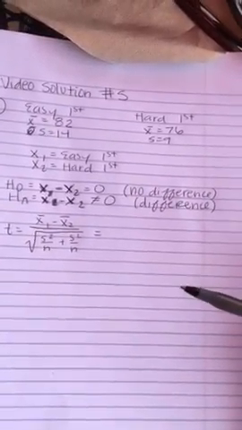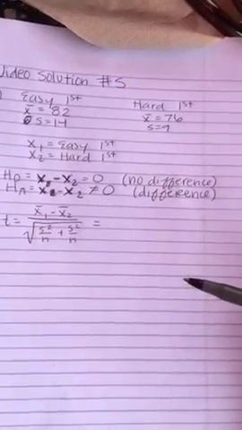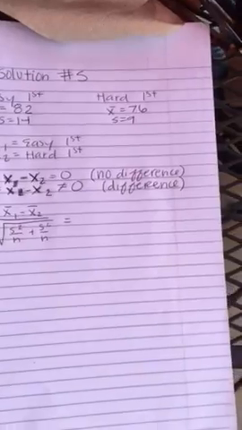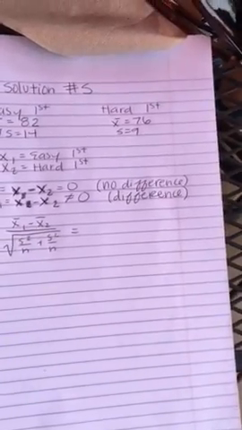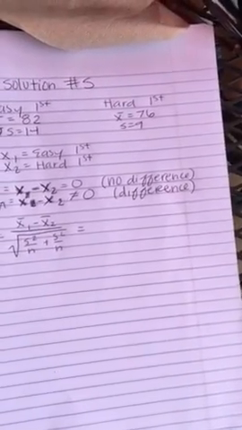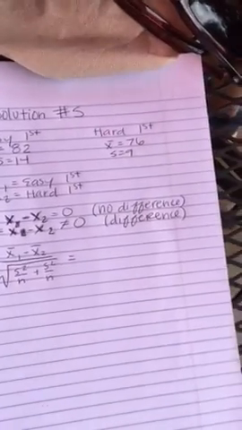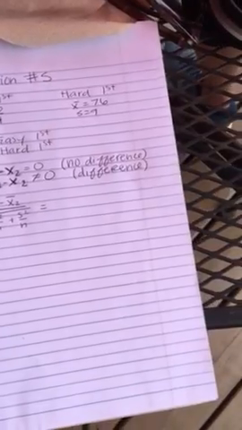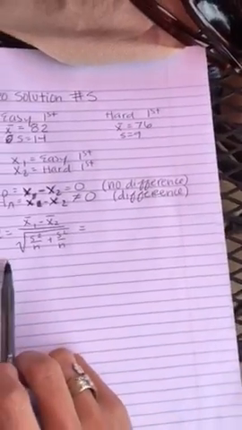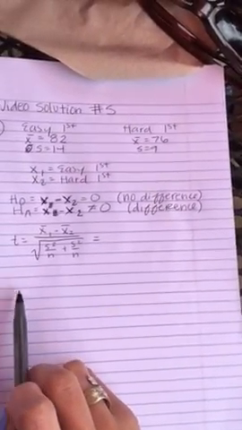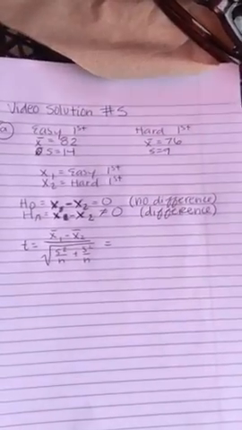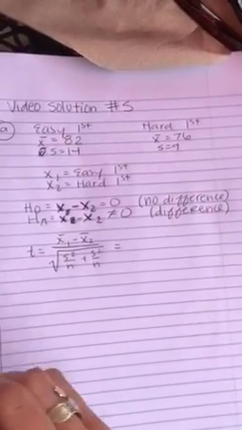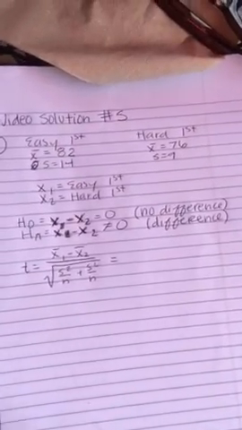So part A asks us to use the appropriate statistical test at a 5% significance level to determine if students perform better on average when the test begins with easy questions. To start out, we need to find the test statistic, so that will be this formula: the average of x1 minus the average of x2 divided by the square root of the standard deviation squared divided by n plus the standard deviation squared divided by n.